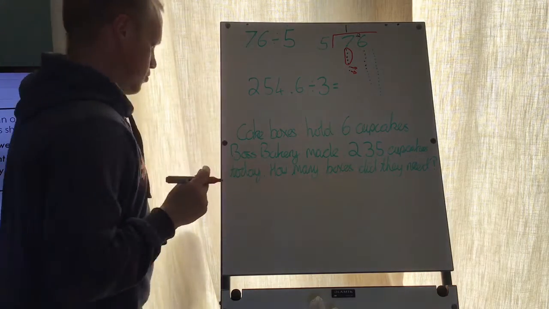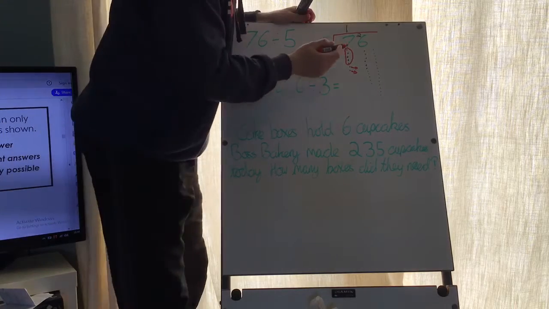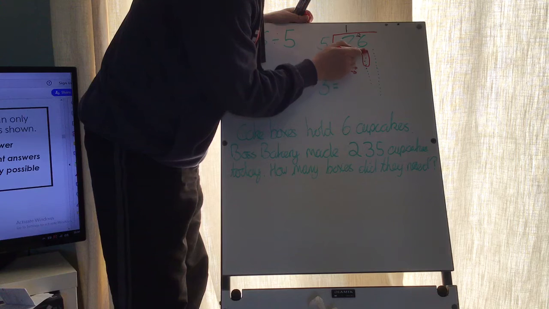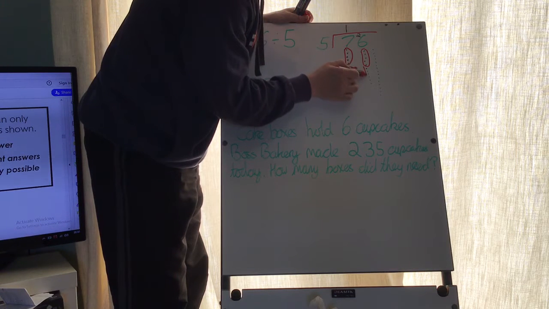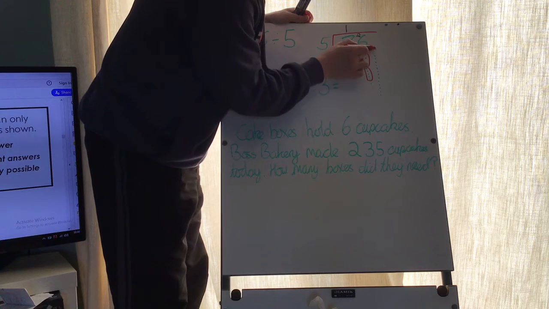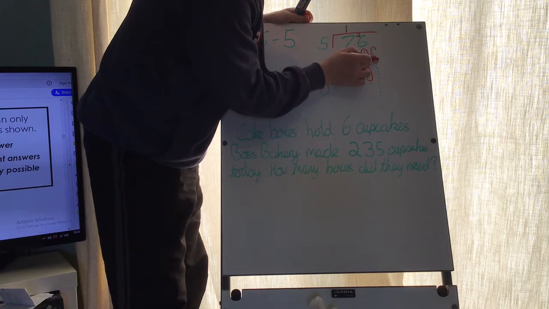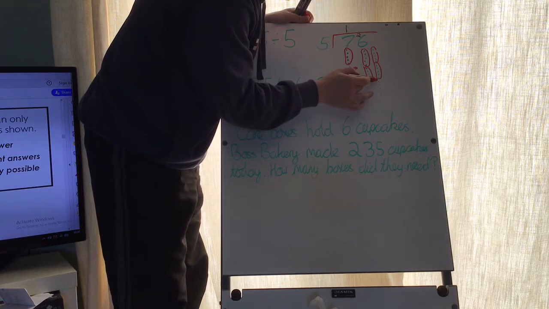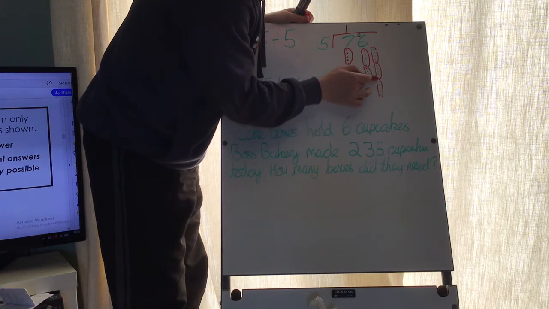Now I'm going to turn these into groups of 5 because that's our divisor. 5, 5, 5, 5, and another 5. Brilliant.